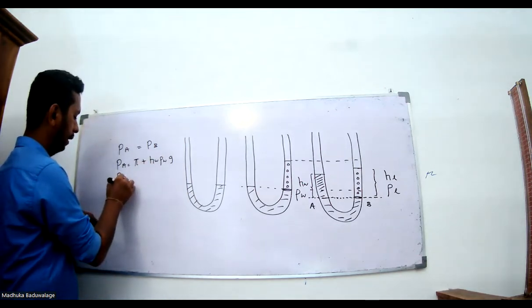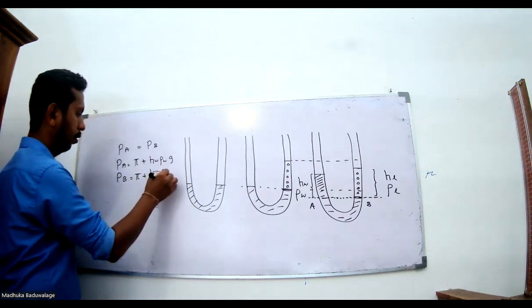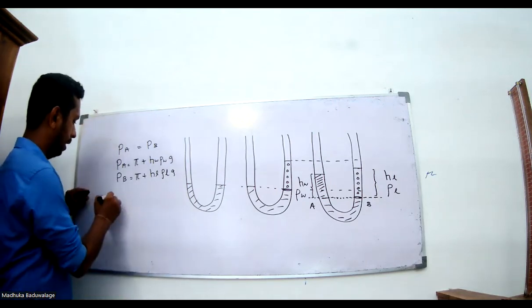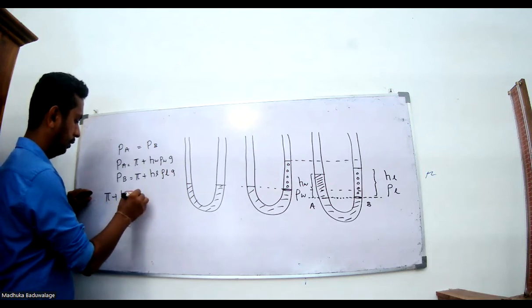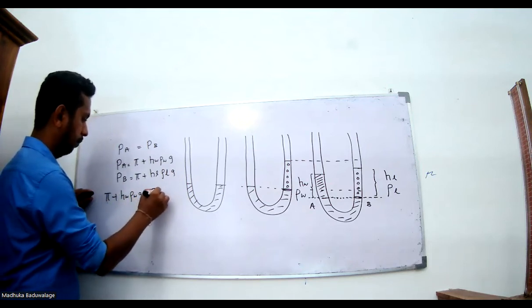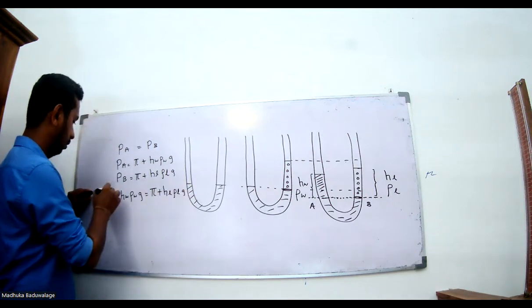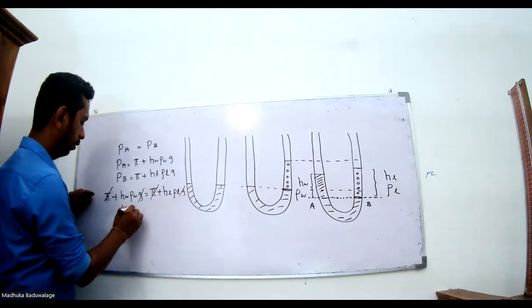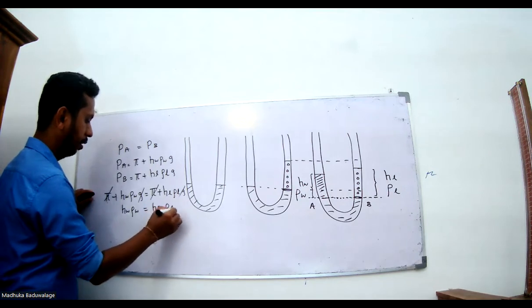PB is equal to atmospheric pressure plus HL rho L g. Both are equal. Therefore, atmospheric pressure plus HW rho W g is equal to atmospheric pressure plus HL rho L g. The atmospheric pressure and g will be cancelled off. HW rho W is equal to HL rho L.